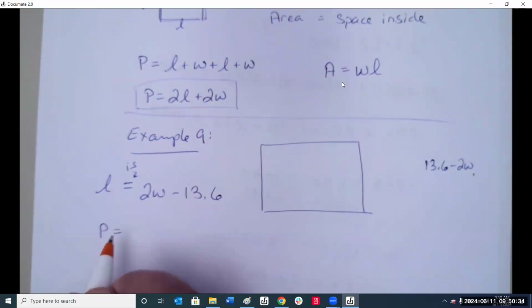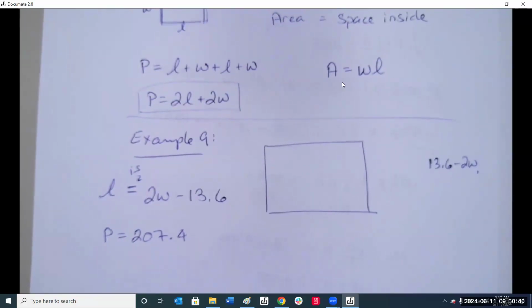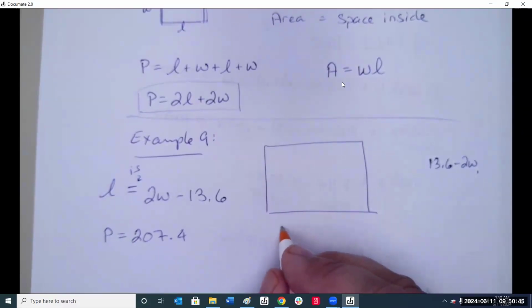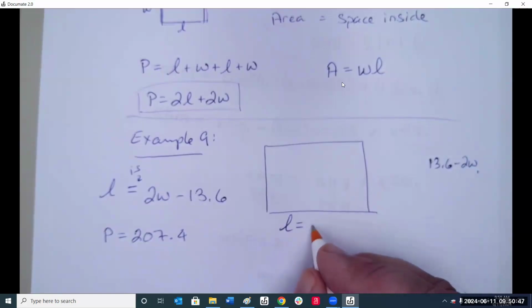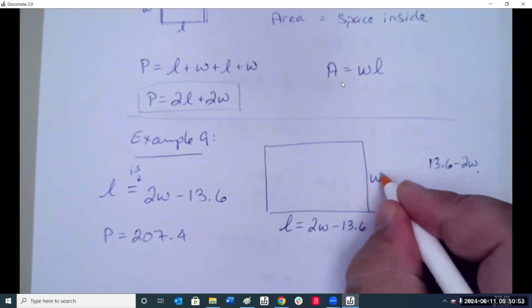And the perimeter is 207.4 inches. Find the length and the width of the panel. So the length is 2W minus 13.6, and the width is the width.